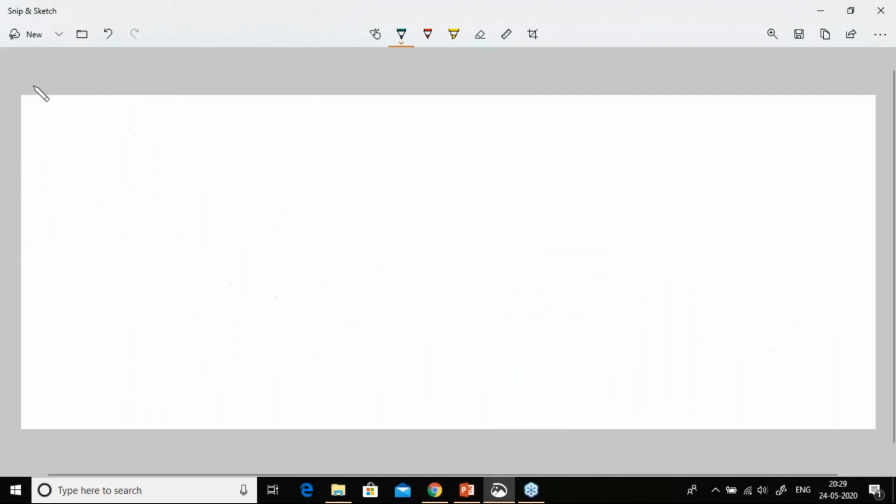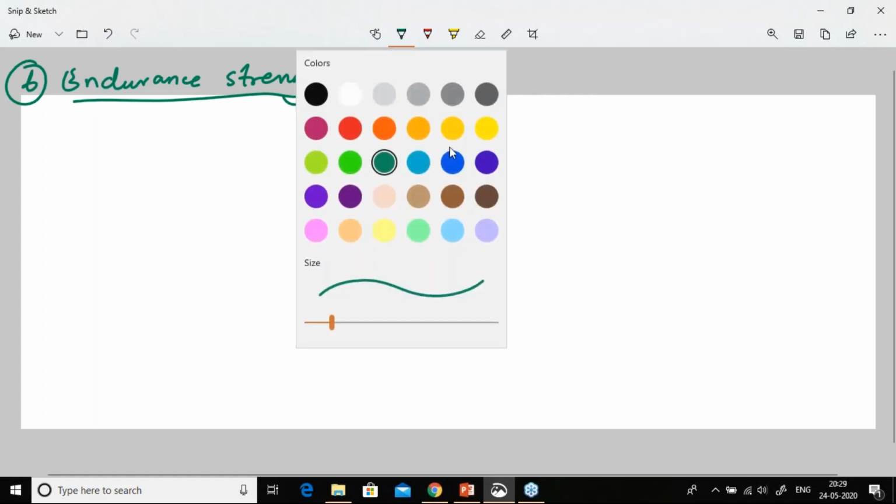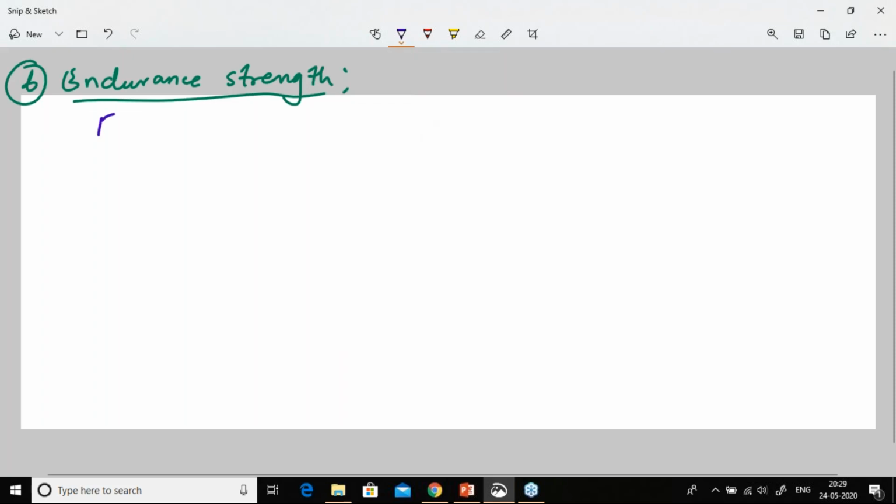B, endurance strength. We have the equation for endurance strength as Ff equals sigma f b capital Y mt cos beta. That is equation number 23.293.